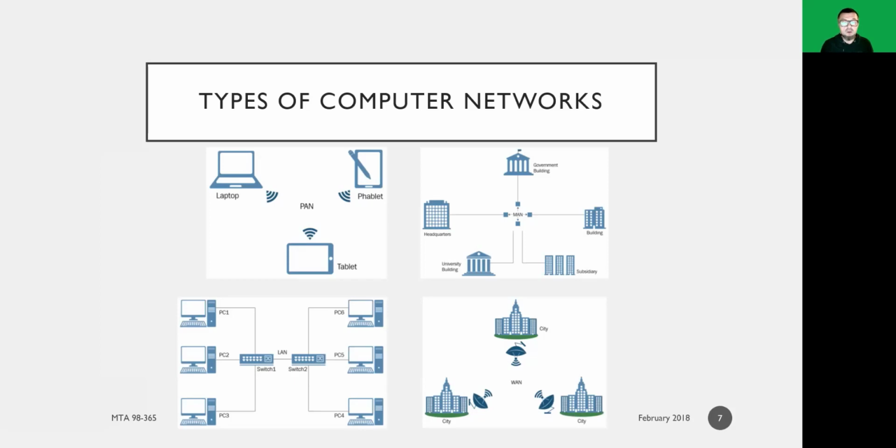Then we have the local area network, which is based on the communication technology, nowadays Ethernet 802.3 according to IEEE. A local area network is a community network that can be housed within one office, several offices within one floor, several floors, or several buildings, but the buildings need to be near one another.